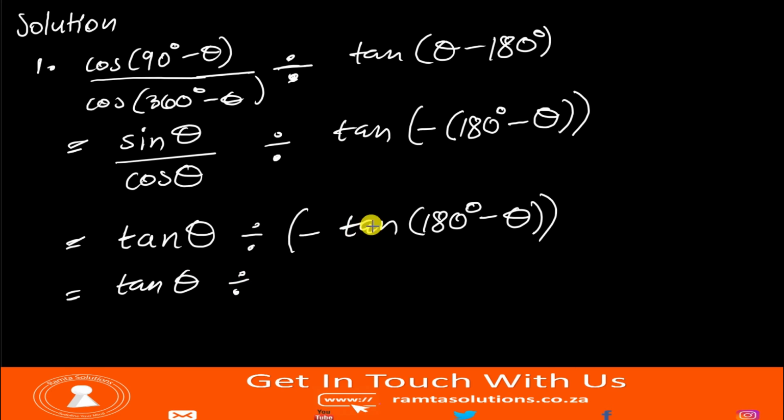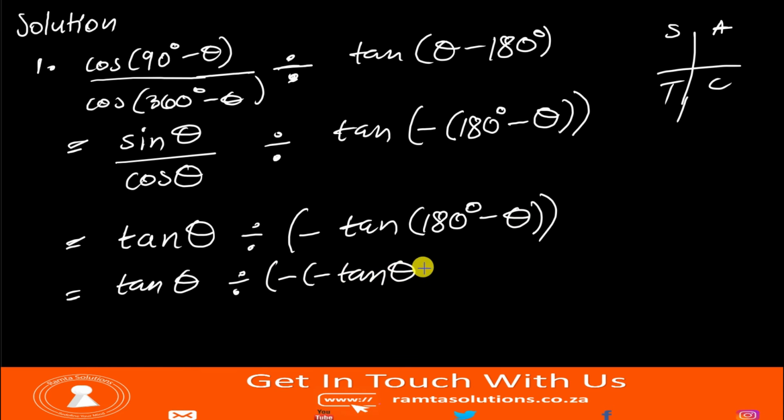Now, in the 180 degrees minus, let's remind ourselves of the CAST diagram. 180 minus is this quadrant here, right? Tangent will be negative. So this means you will have negative times negative tan theta. As you can see, negative divided by negative is positive.